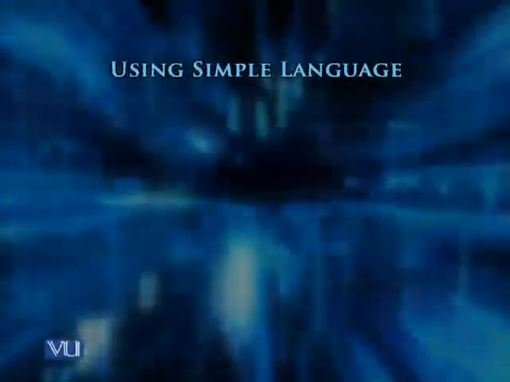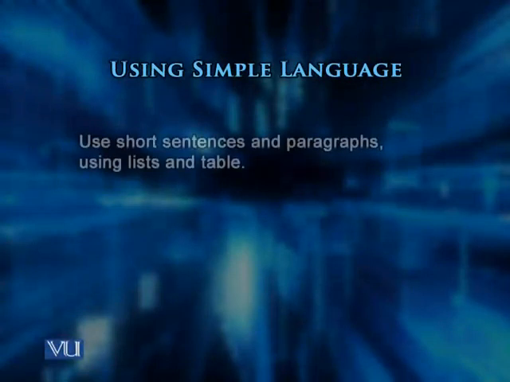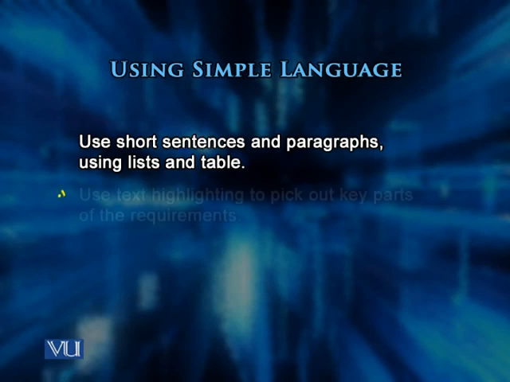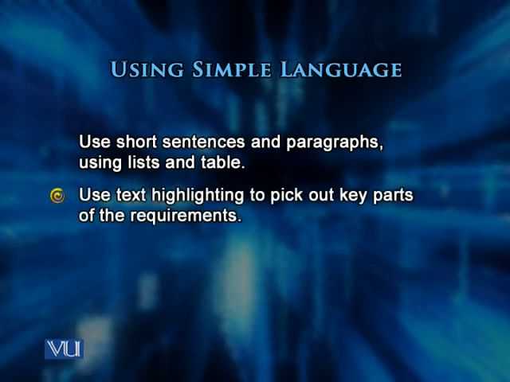Continuing on with the concept of using simple language, we suggest that you use short sentences and paragraphs, use lists and tables, and use text highlighting to pick out key parts of the requirements. And so these are again things which help the reader. So things that you pay attention to in writing are going to help the readers.